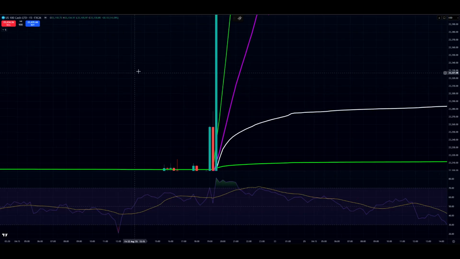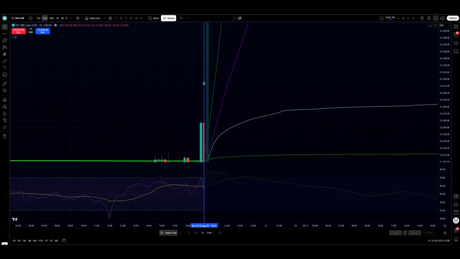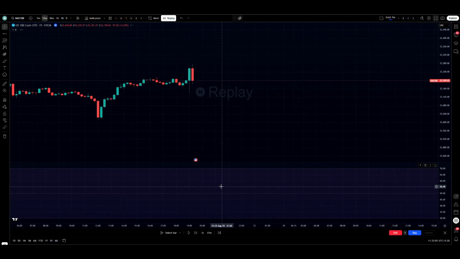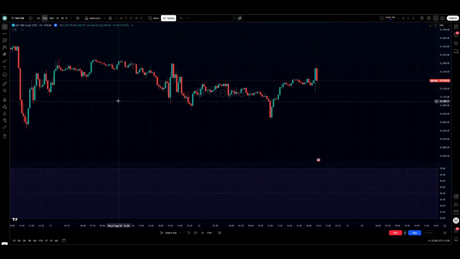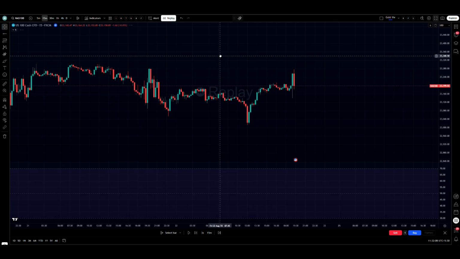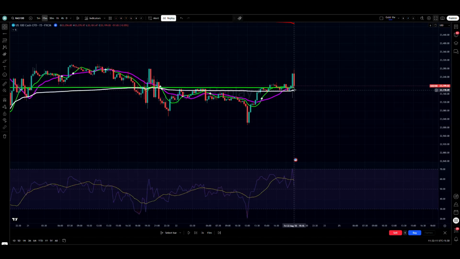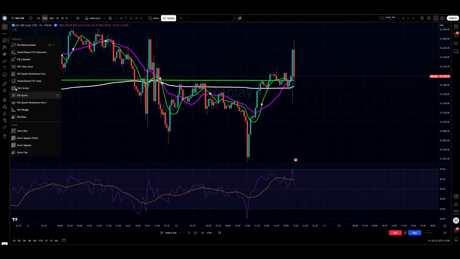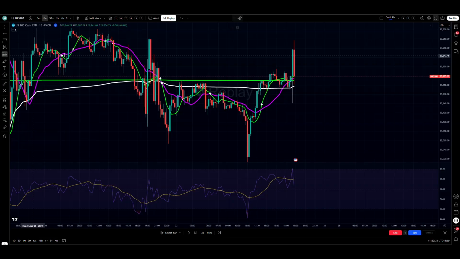And if we look at it in the moment, let's remove this, we will see that it is holding exactly that gap and the moving averages and everything. So at that point, even though this is a bearish candle, even though there is a lot of noise here, that is your execution point with this long position.